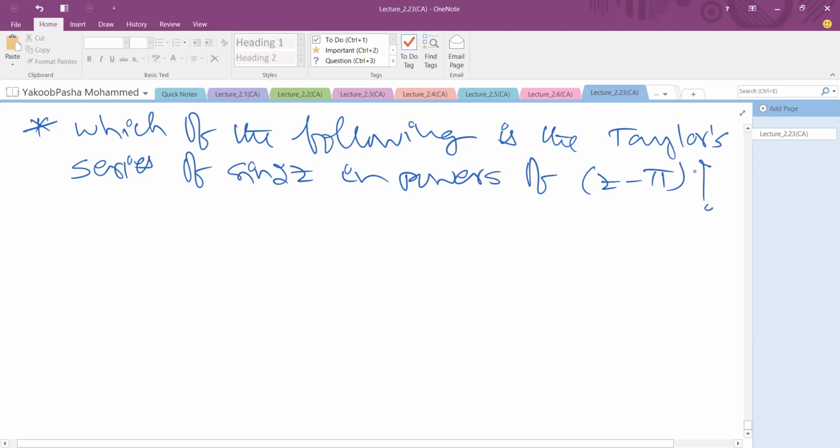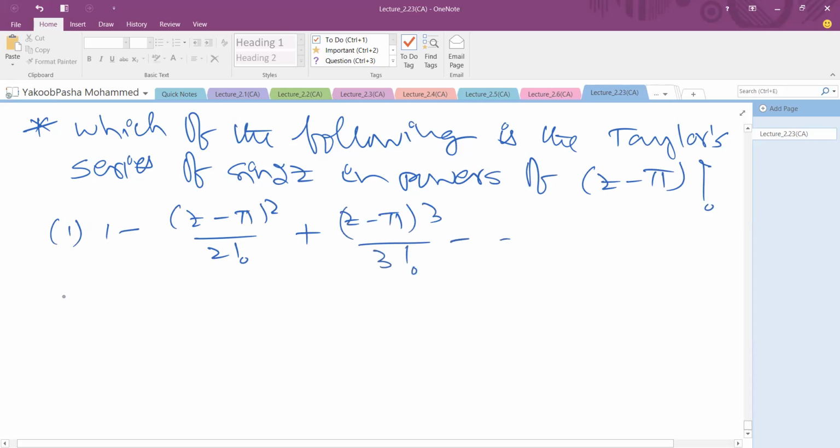First option: 1 minus (z minus pi) whole square by 2 factorial plus (z minus pi) whole cube by 3 factorial minus and so on. Second option: 2 into (z minus pi) plus 4 by 3 into (z minus pi) whole cube plus and so on.